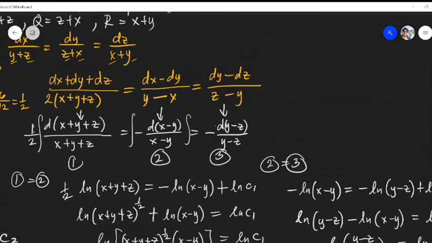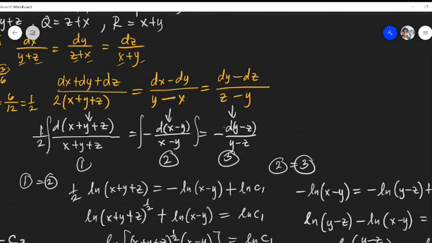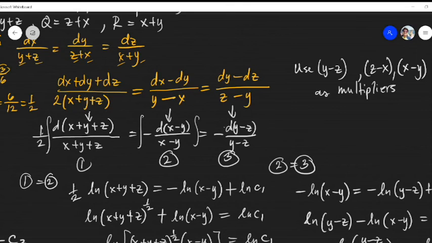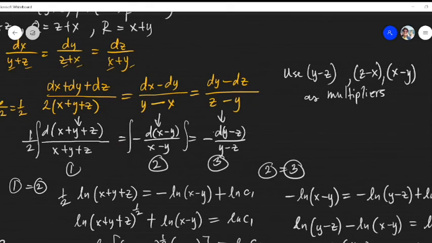Okay. So another solution is that for the multiplier method, you use multipliers, the conjugates of the denominator. So let's use y minus z, z minus x, and x minus y as multipliers. If we use them, what would happen?